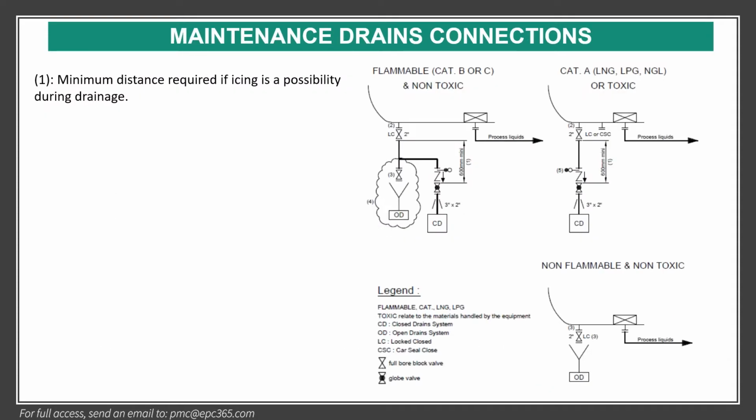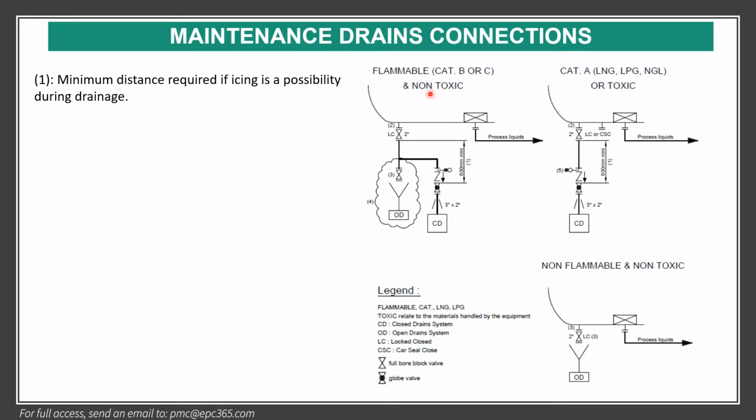Maintenance drain connections are very important, and as a safety engineer you have to check them in the P&ID. One of the principles is no connection to the open drain system when you have toxic fluids, LNG, LPG, and NGL.